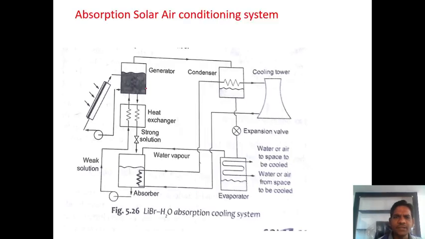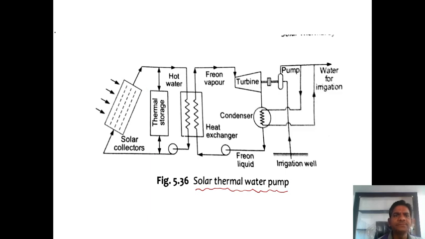So you see here also in this diagram, solar pump. So this is nothing but another flat plate collector. This is another type. Okay, flat plate collectors. This is the thermal storage. This is the heat exchangers, turbines, condensers, irrigation wells, pump.